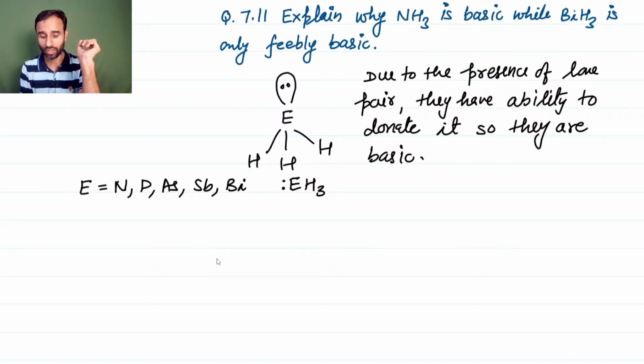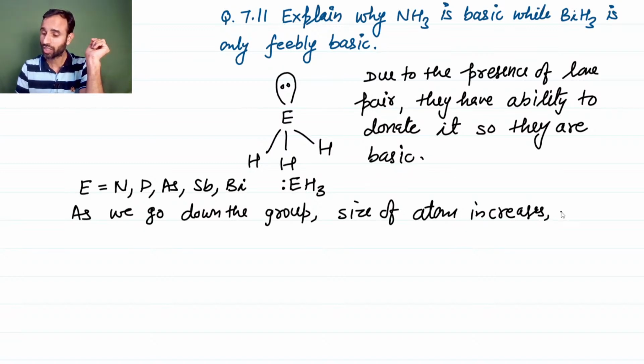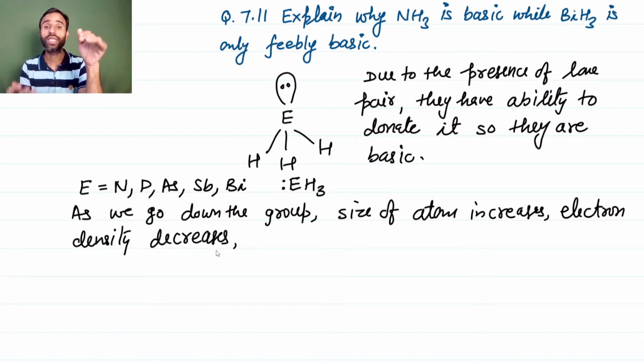So answer is, as we go down the group, size of the atom increases. So as size of the atom increases, electron density decreases. So as electron density decreases, its ability to donate the electron obviously decreases because electron density decreases.